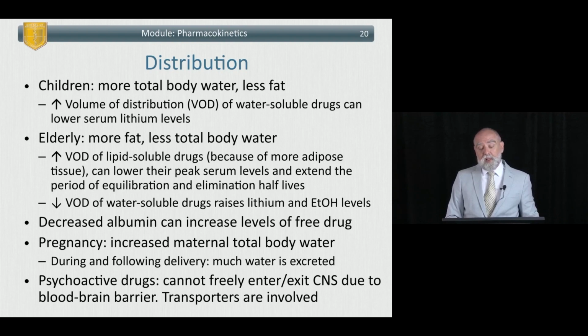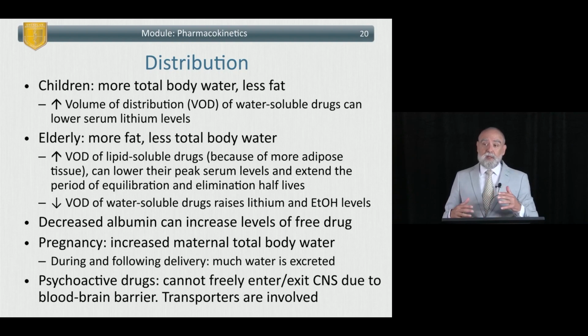So children on average have more total body water and less fat, and this is total body water, both intracellular and extracellular. So there's an increased volume of distribution of water-soluble drugs, for example, lithium.